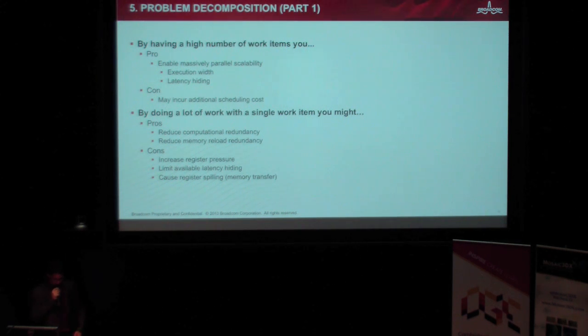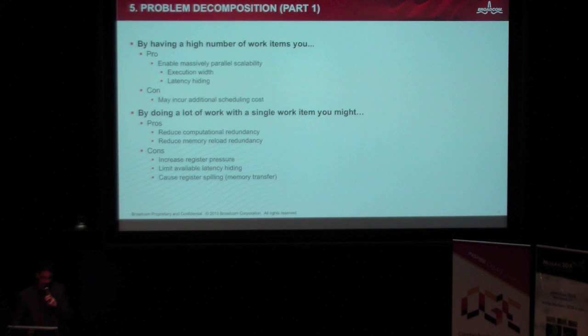The fifth one, and the last but the most complicated, is about the problem decomposition. It's complicated because you have simply too many things you need to balance, and because this is the first decision you need to make before the actual implementation. Generally, by having as many work items as you can, you enable massive parallelism, which is a fine thing, because it's not just about execution width, but about latency hiding options as well.